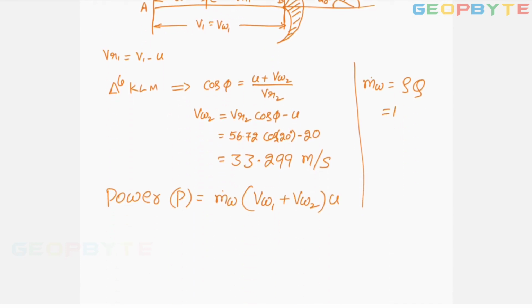Rho is 1000, so 0.18 times 1000 is 180 kg per second.